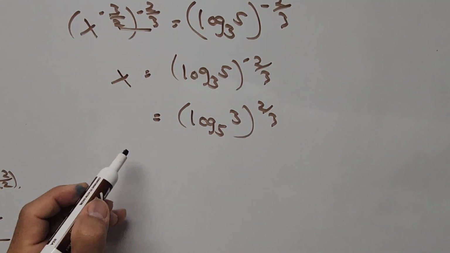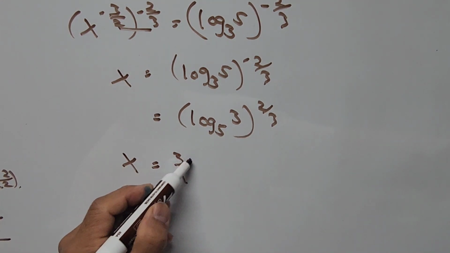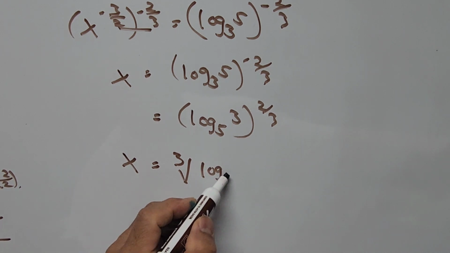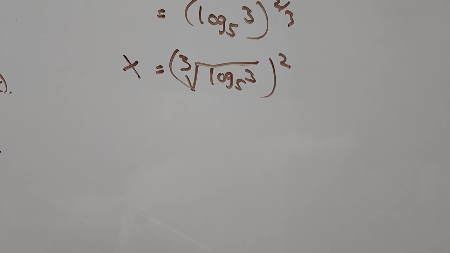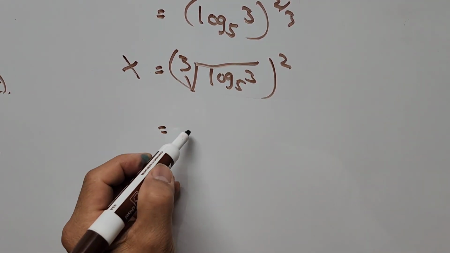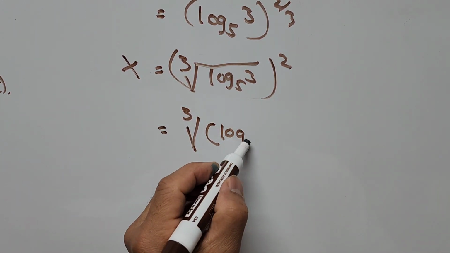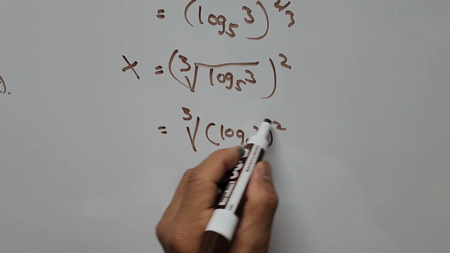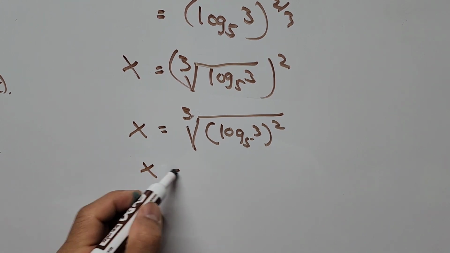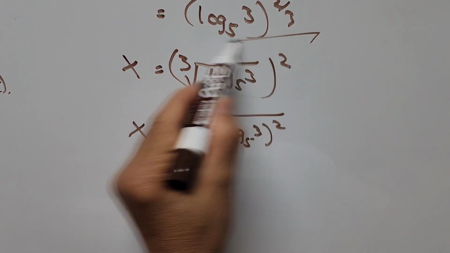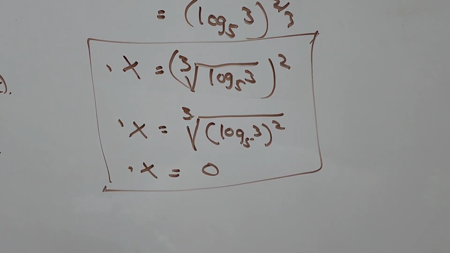Or the value of x can be written as the cube root of log base 5 of 3 squared, or the cube root of the square of log base 5 of 3. That's the value of x, and the other value of x from earlier is equal to 0. So these are the values of x.